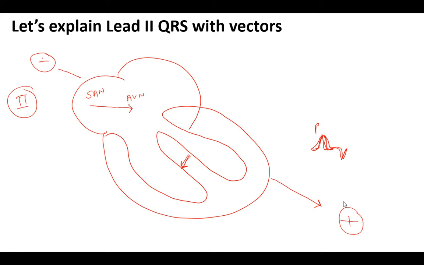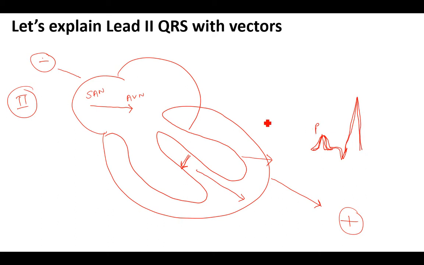Now the third vector is this one, and the fourth vector is this one. So the third and fourth vectors will give all positive, or upward, deflection in lead 2.